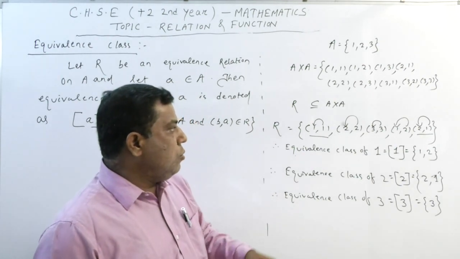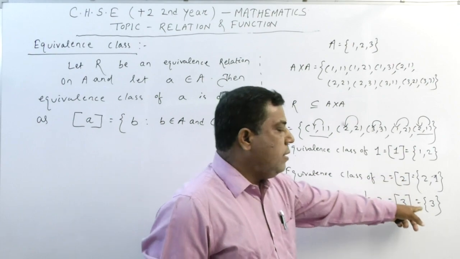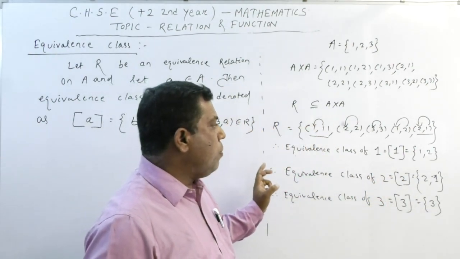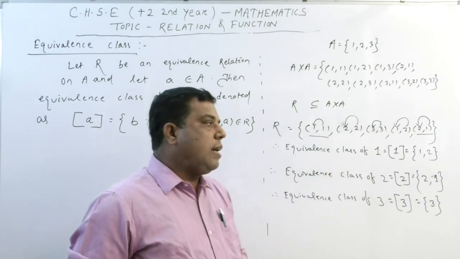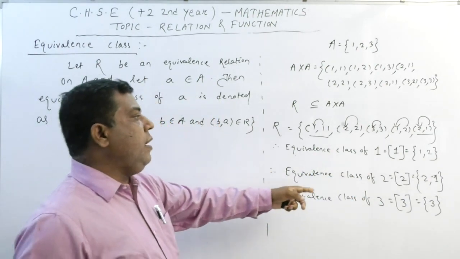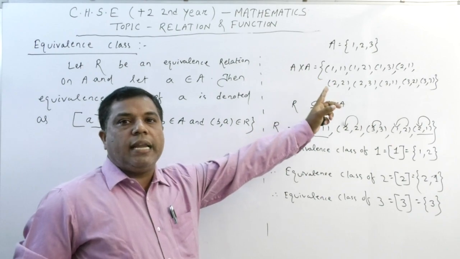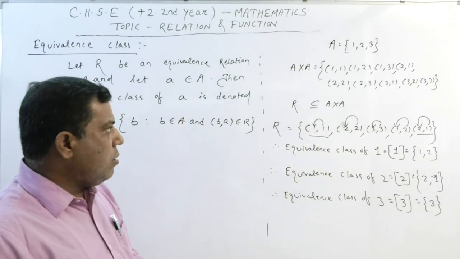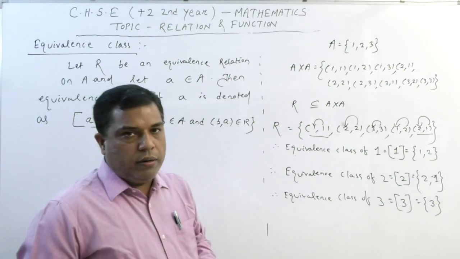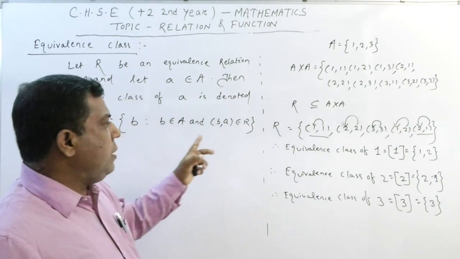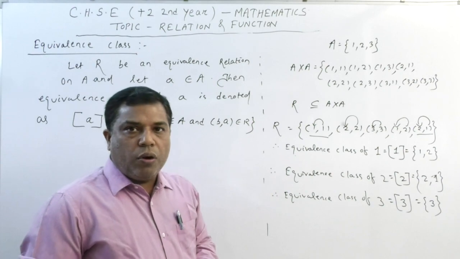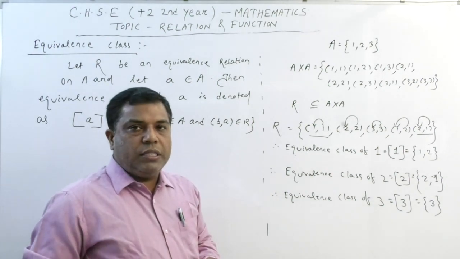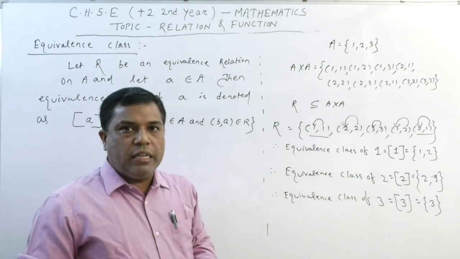So it is equal to the set {3}. Okay, so in this way we are able to obtain the equivalence class of each and every element in set A. Okay, further, so this is the definition and this is the way. Further we will move to another example and we see, I am writing some of the relations.